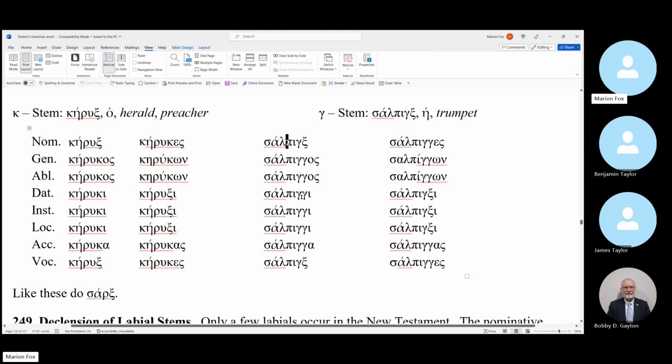So pingy. Now, I'd break this up. So ping, pingy. I would pronounce this pingy.